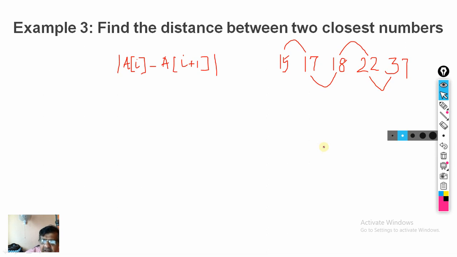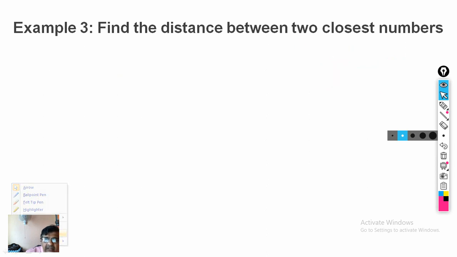For 5 elements we need to find the differences 4 times. Therefore for n elements we need to find n minus 1 differences, and among the differences we need to pick up the least value.